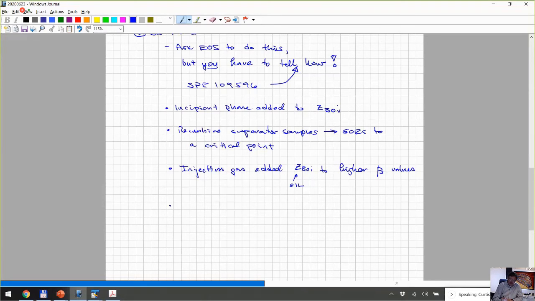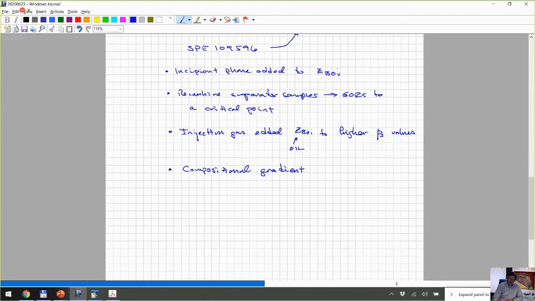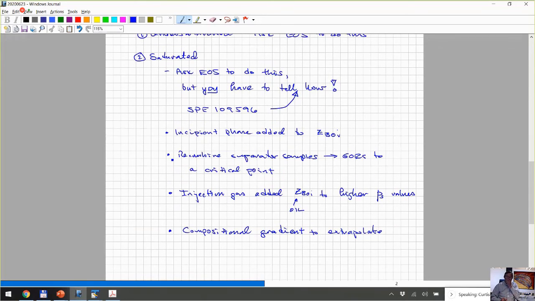That paper also talks about using a compositional gradient to extrapolate. I think these are all of the methods that are discussed. The paper also discusses that if you don't have any EOS and you have black oil tables, you can also extrapolate them.